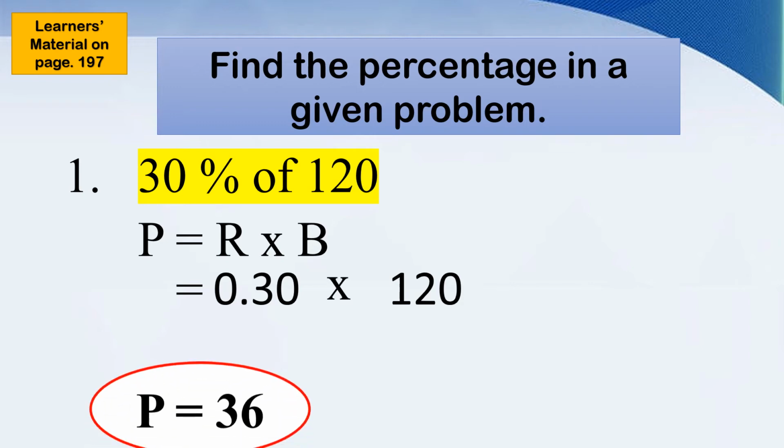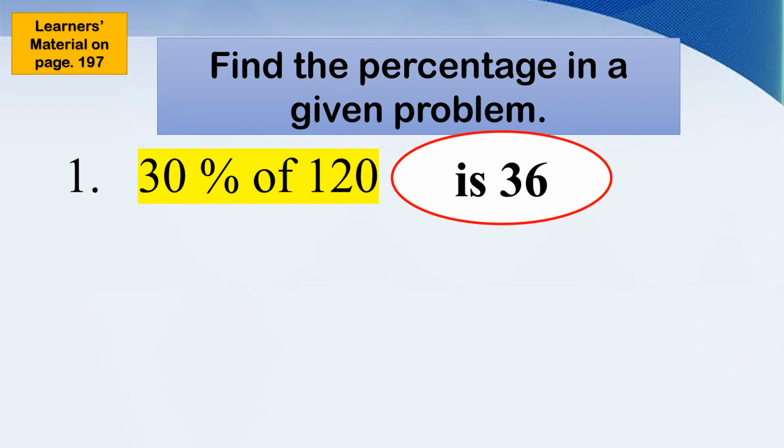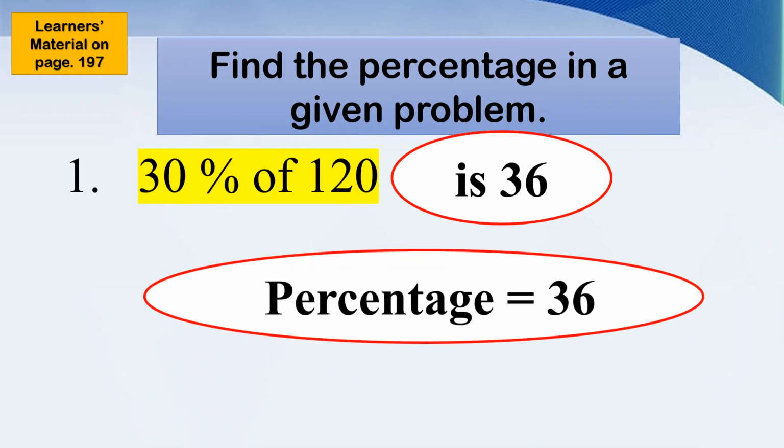The product is 36. Did you get the same answer? If your answer is 36 as well, you are correct. Hence, 30% of 120 is 36. The percentage is 36.